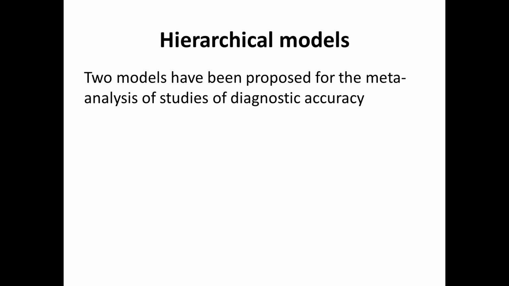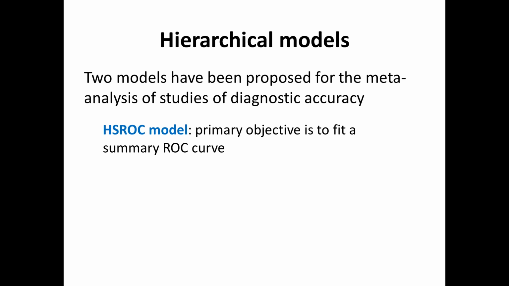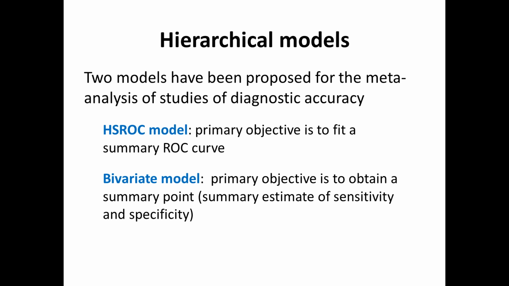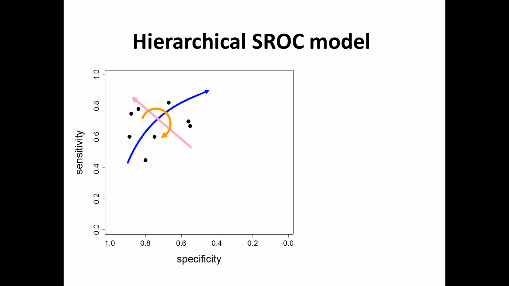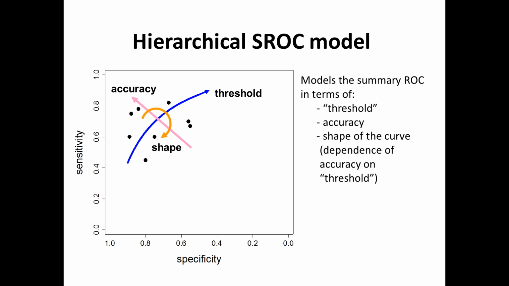The two models that have been proposed for meta-analysis are the HSROC model, and the primary objective of this model is to fit a summary ROC curve. The other model is the bivariate model, and the primary objective is to estimate a summary point, so summary estimate of sensitivity and specificity. So the HSROC model models the summary ROC curve in terms of threshold, accuracy, and shape. So the shape of the curve.